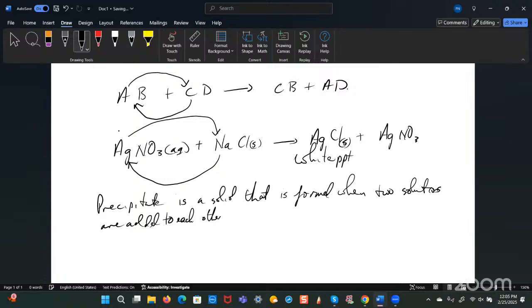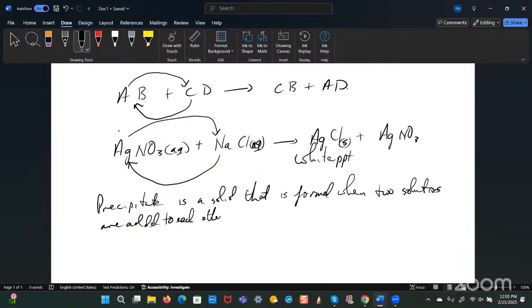Oh, I made a mistake here, this should be aqueous. Basically, you're mixing two clear solutions, and upon mixing, all of a sudden you see the solid being formed. We call that a precipitation reaction, and the solid that is formed is called a precipitate. A lot of precipitation reactions result from a double displacement occurring. Okay, so that's double displacement.